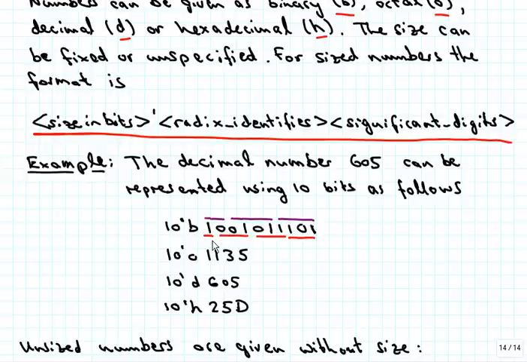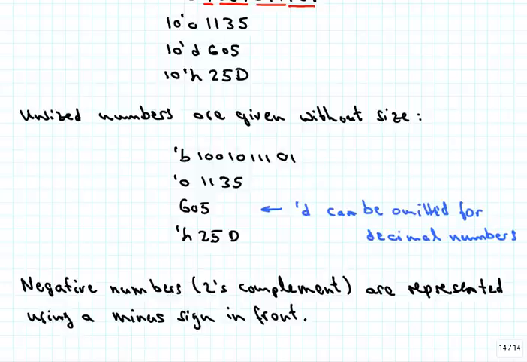If we have unsized numbers, then we just simply leave out the size specification here before the apostrophe, and we would just write apostrophe b and then whatever the binary digits are, and Verilog will determine how many bits to use. Typically that would be the word size of the computer that it's running on, something like maybe 32 bits, in some cases maybe 16 bits.